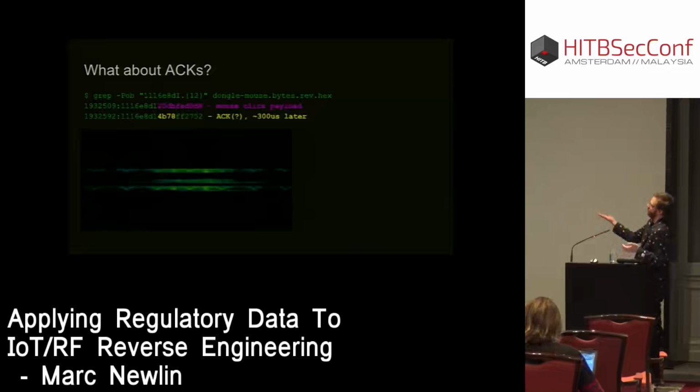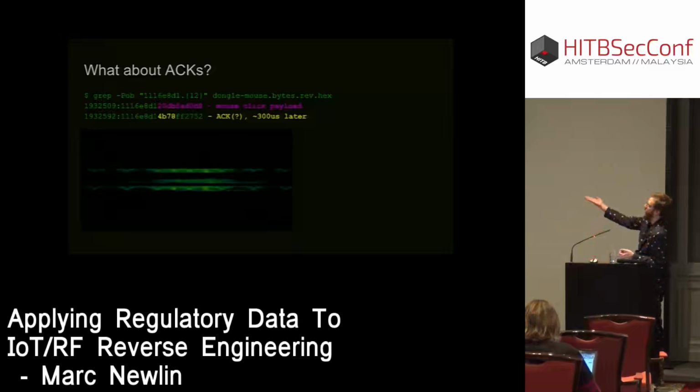But then we have these potential ACKs, and it was unclear initially what those were, but it looked like they were ACKs. We haven't seen those in the decoded data yet. But what we can do is simply grep for the address we have. Now that we know that that's the address, grep for that in the data outputted by the dongle and the mouse in the Faraday cage.